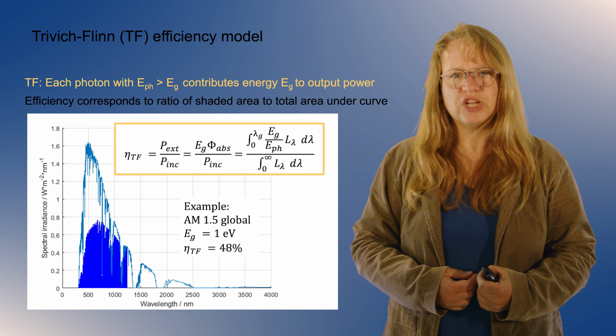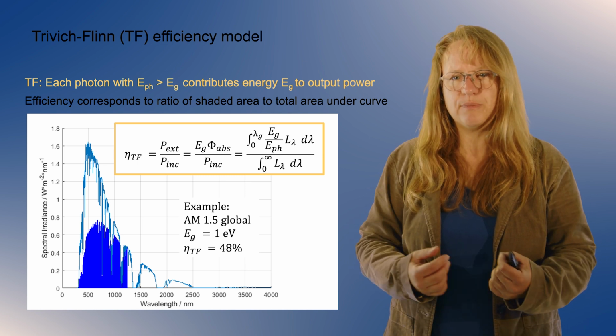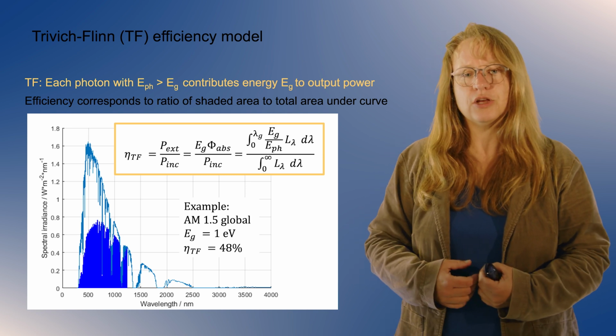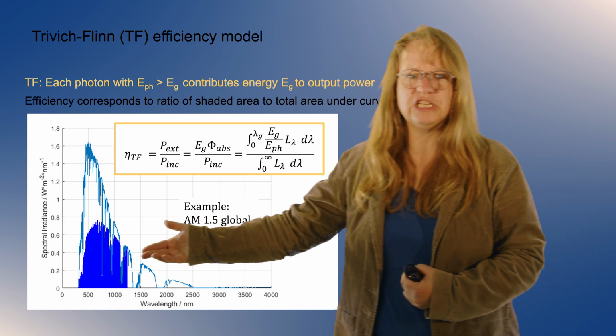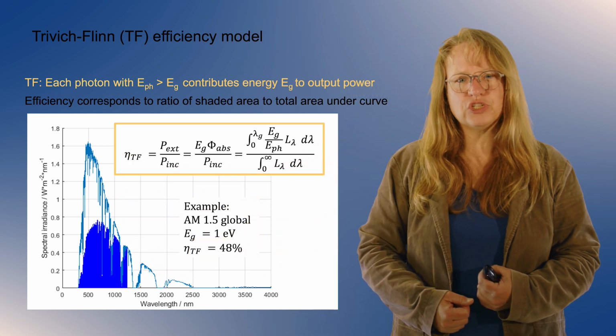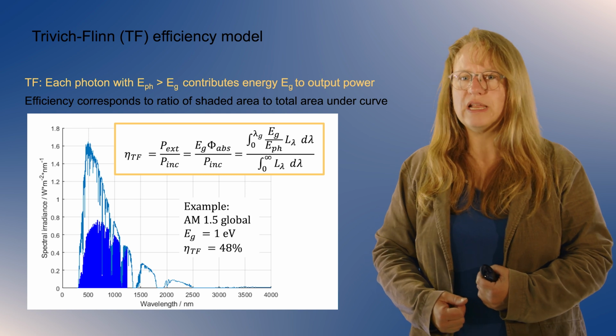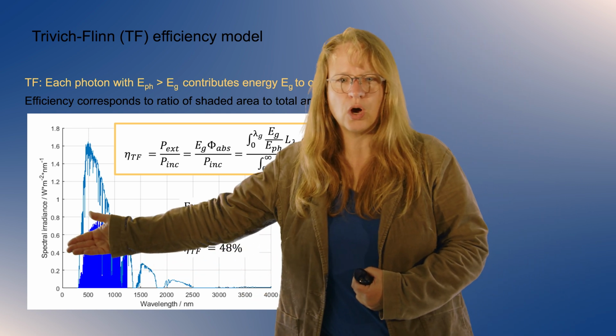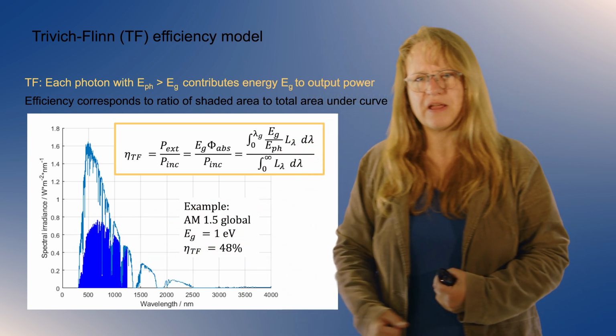The Trivich and Flinn efficiency model then can be calculated as shown here again. So we see here the solar spectrum, and of this solar spectrum, only wavelengths that are shorter than the band gap wavelength are absorbed.